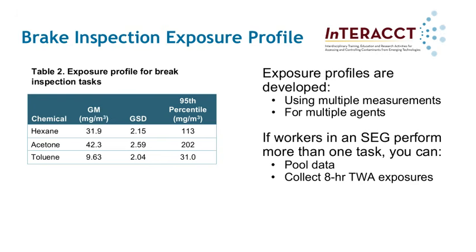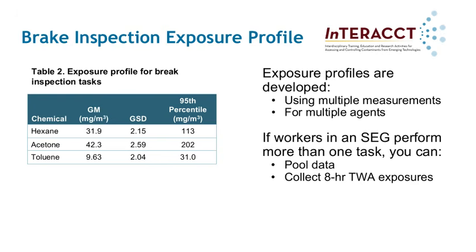Exposure profiles are developed using multiple measurements to account for variability over time, tasks, locations, or workers. Collecting exposure measurements on multiple days and among multiple workers helps to ensure the data are sufficient to define the exposure profile and represent the full range of exposures that can occur within the SEG.